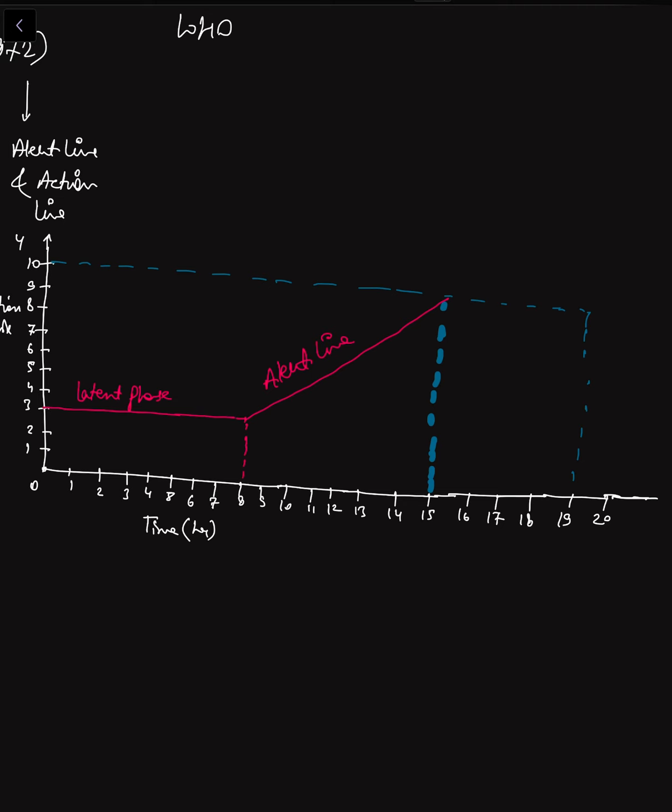And now for drawing the action line we have to maintain a difference of 4 hours from the alert line. So 8, 9, 10, 11, 12.